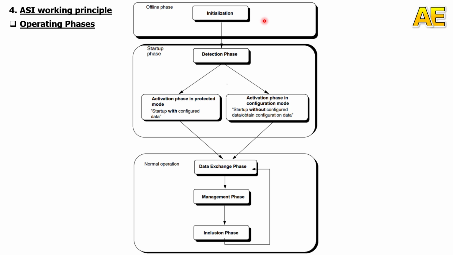During the initialization, the image of all the slave inputs and the output data, from the point of view of the application, are set to the value 0. It means inactive.